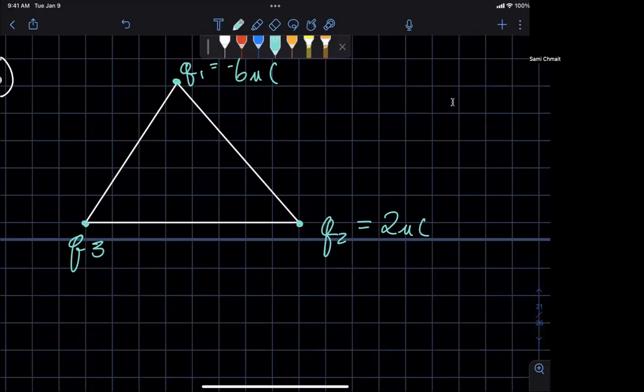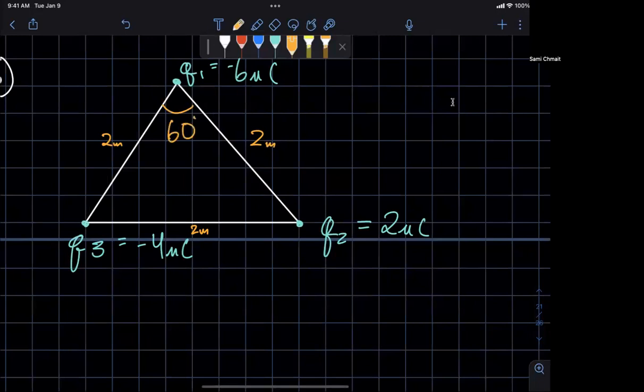Minus. All right, so it's an equilateral triangle, so that means we know all the sides are equal. And the angle there is always 30, I'm sorry, 60.